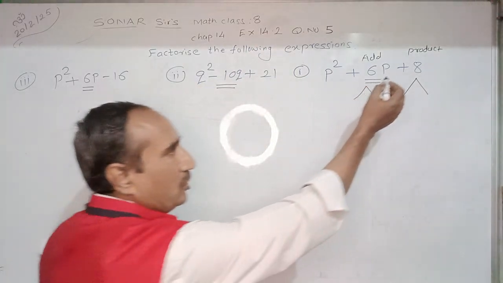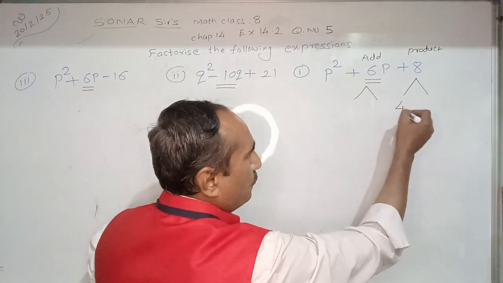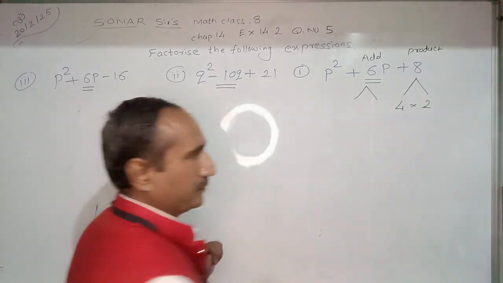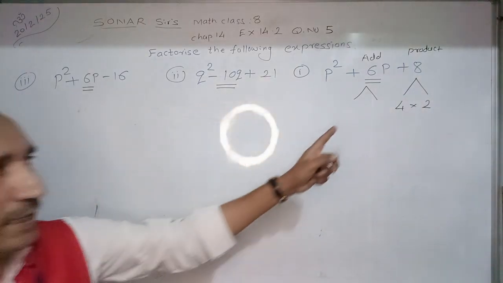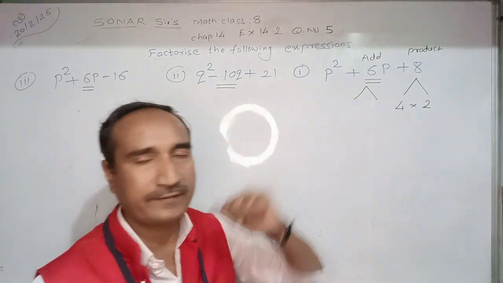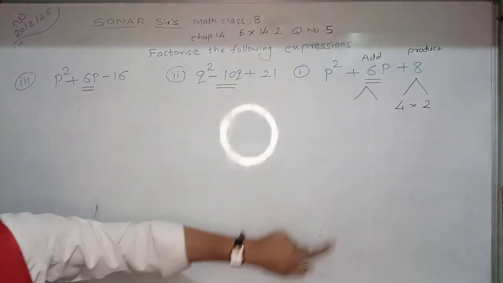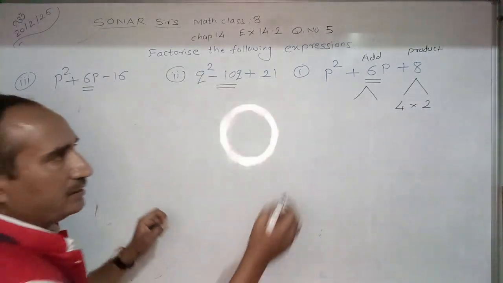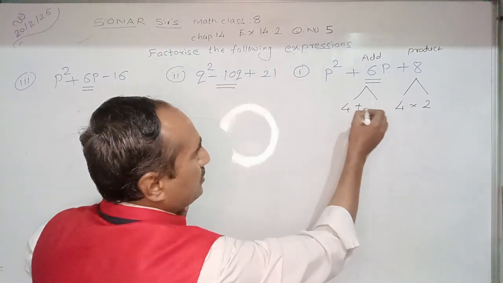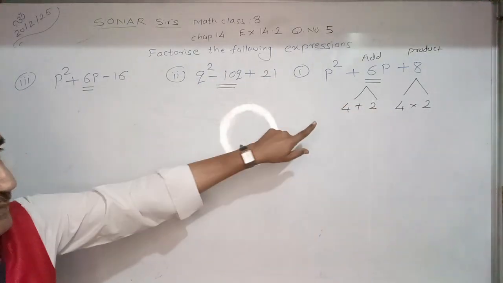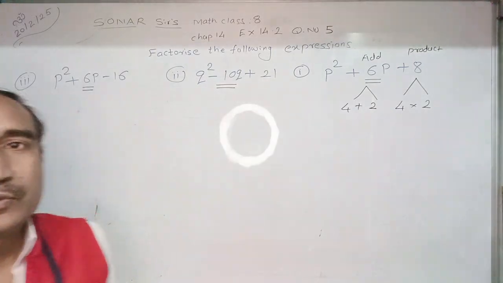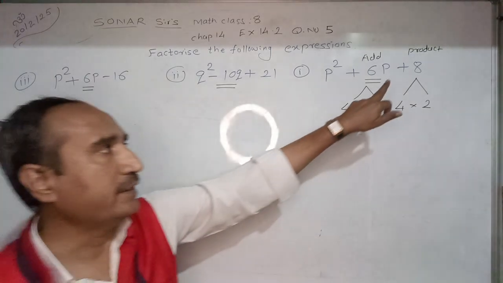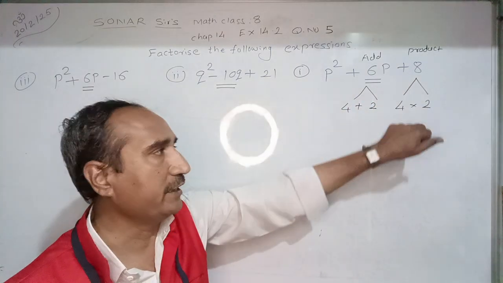Here we want the product 8, so 4 twos are 8. Here 4 and 2 both have the positive sign. At the same time, if we add these two terms with their signs, 4 plus 2 becomes 6. So in this way we have to find the factors of 8.